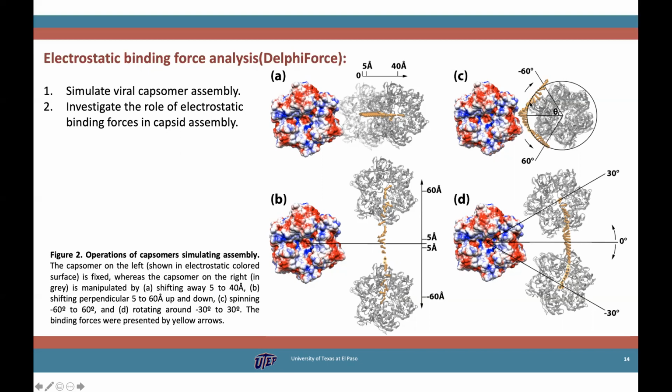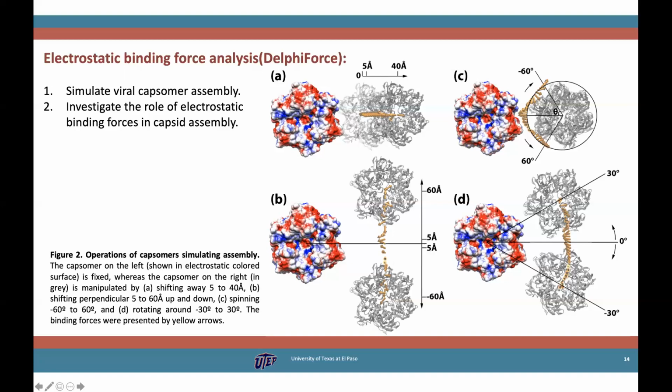For example, if you rotate it within a 30 degree range, it's always attractive. But if it's beyond 30 degrees, it becomes repulsive. The other calculation is still using the Delphi force, but we shift capsomer B in this way, and then you will see in a certain range there's attractive force, but if it's beyond this range, the force becomes random.